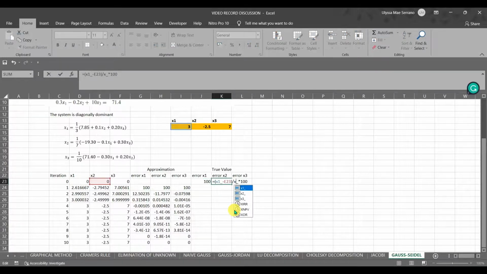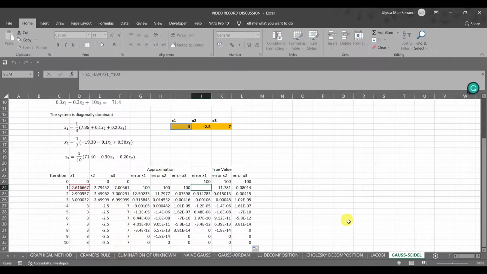So, let's change this to 2 and also this to 2 for x sub 2 and also this for x sub 3. And so same process will be applied. So you can just simply check whether the selected cells are all correct.